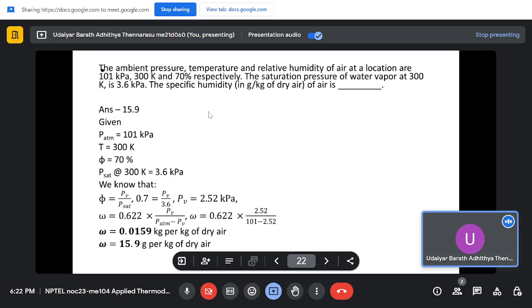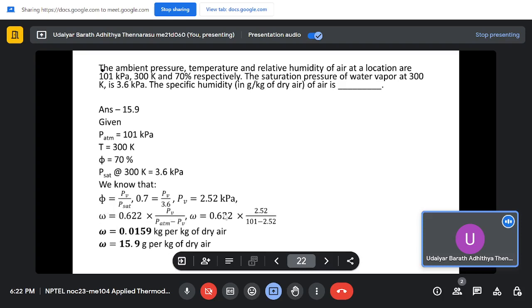The process is similar. So you know atmospheric pressure, you know temperature, you know relative humidity, you know saturation pressure. So similarly, relative humidity is PV by Psat. Substituting, we'll get PV, which is 2.52 kilopascal. So omega, specific humidity, is nothing but 0.622 into PV by P atmosphere minus PV.